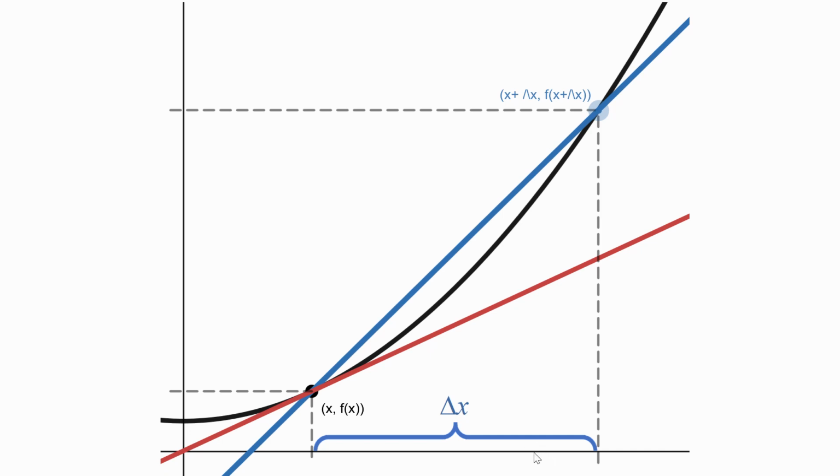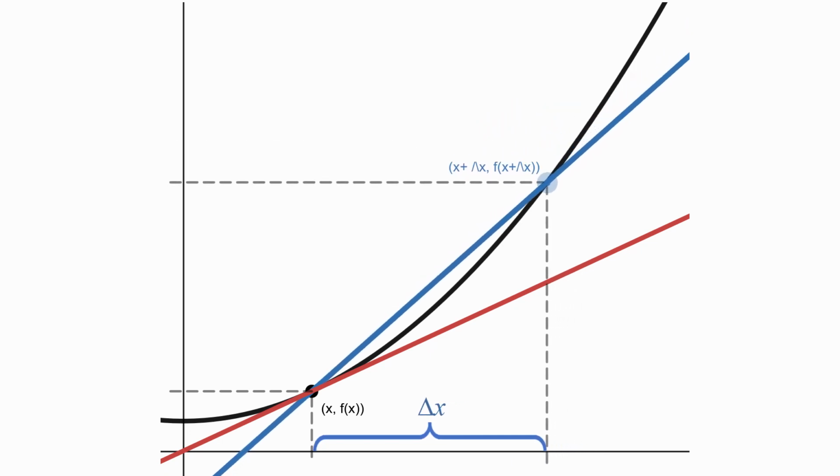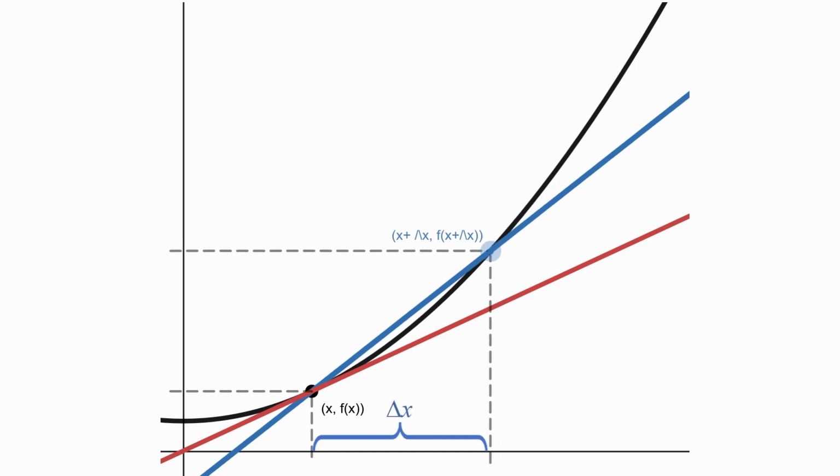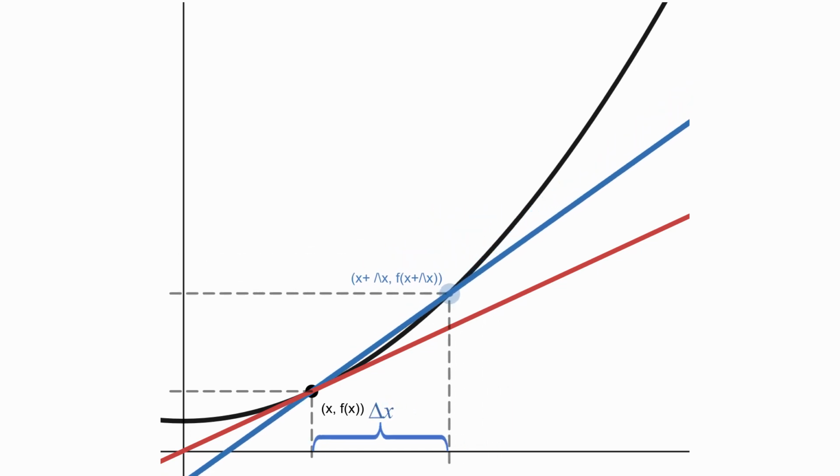And if we let delta x get smaller, moves down here, then the slope of the secant line is even closer to the slope of the tangent line. And if delta x gets smaller again, then the slope of that secant line is getting closer to being the slope of the tangent line.